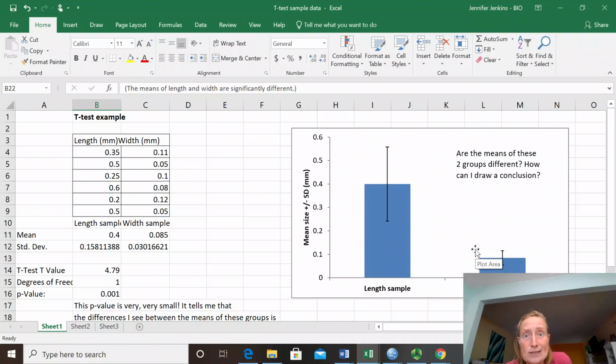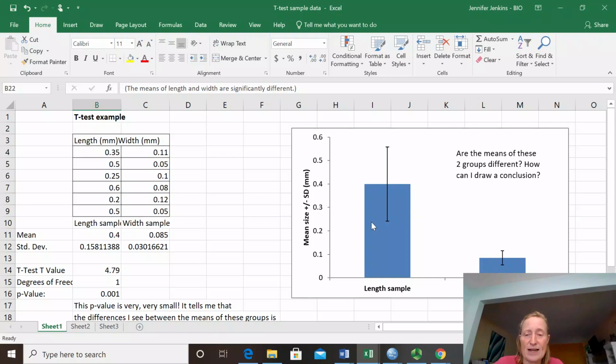I mean, they kind of look different to me, but I don't know for sure. Maybe the differences we see are just due to chance. I only measured 6 cells of each type, right? So I need to have something that gives me a little more backbone when I draw my conclusions, when I can say, yes, I've done some statistical analysis, and sure enough, these two groups are different, right?